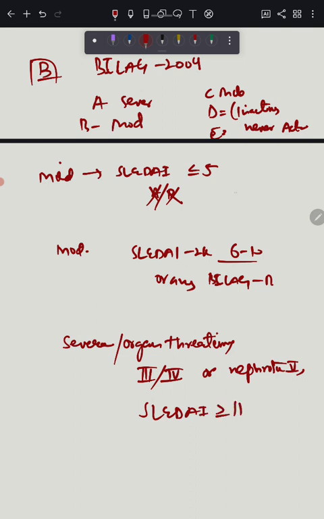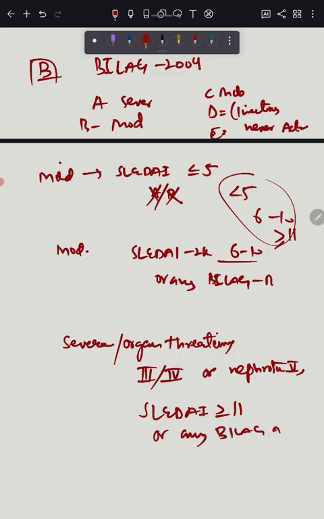So less than 5, 6 to 10, and greater than or equal to 11, or any BILAG A. This is how we classify severity for treatment.